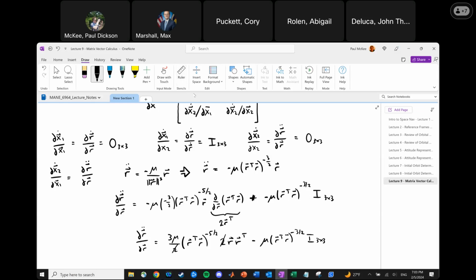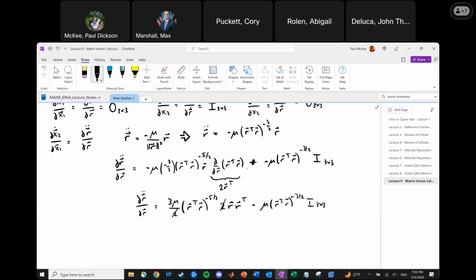So to try to clean this up a little bit, almost done, d r double dot with respect to dr is equal to 3 mu over r to the 5th times r r transpose minus mu over r to the 3rd times the identity matrix.